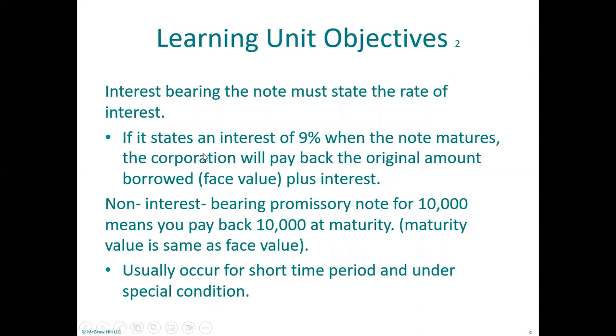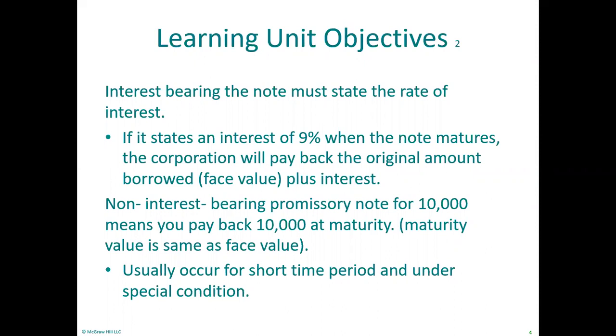As I mentioned a while ago, an interest-bearing note should state the rate of interest. An interest-bearing note will always indicate what the interest rate is, otherwise it might not become valid.